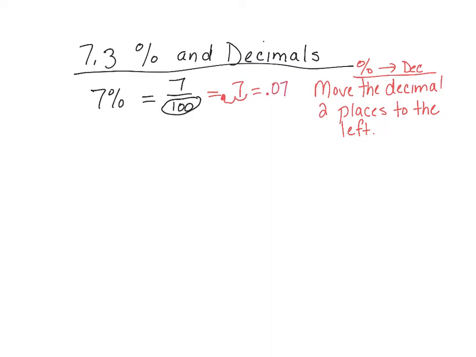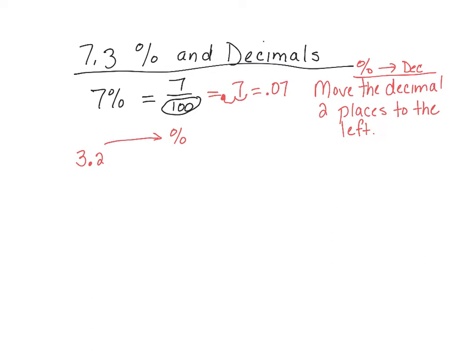Let's say I gave you 3.2, and I wanted you to write this as a percent. That is already a decimal, isn't it? So how do we change a regular number into a percent?